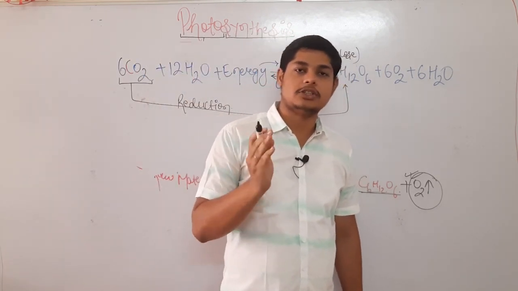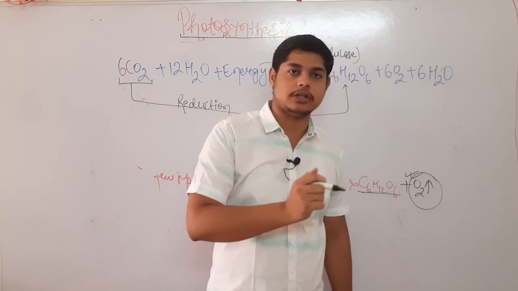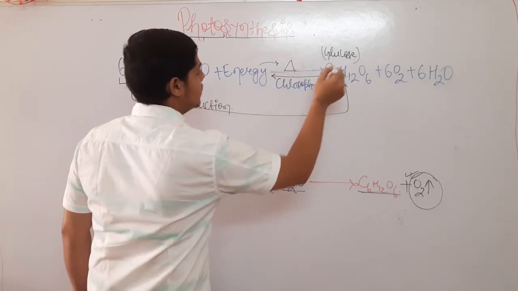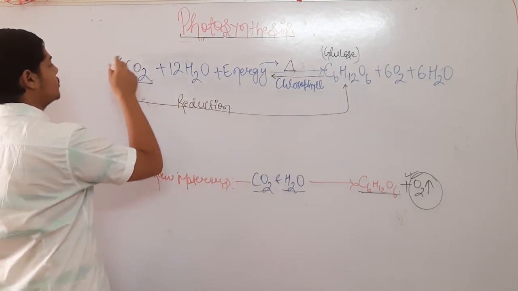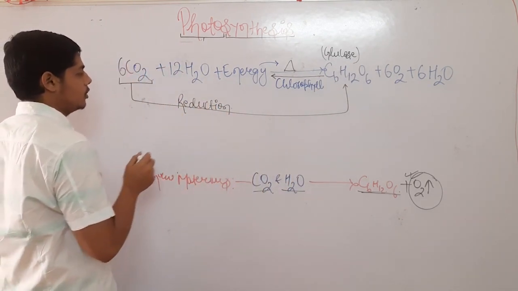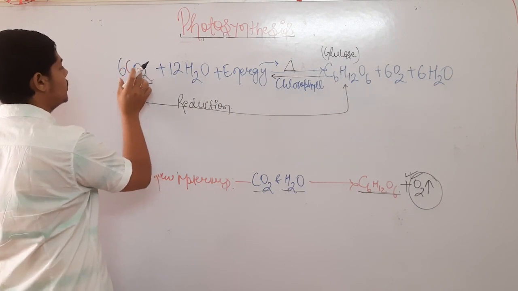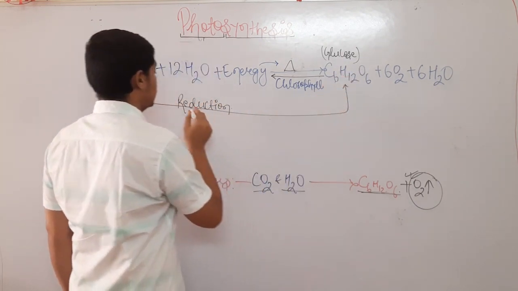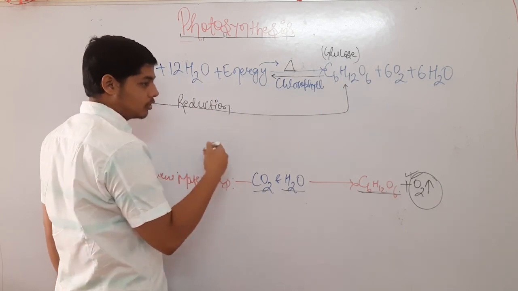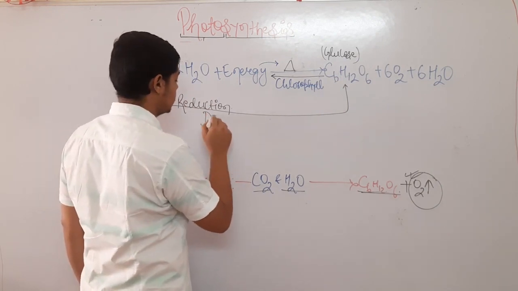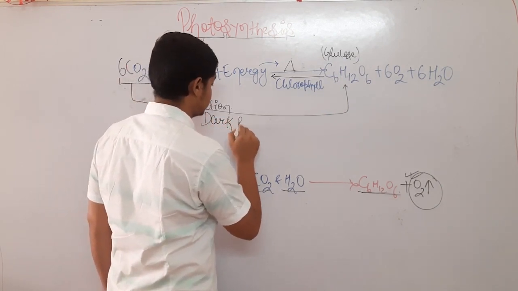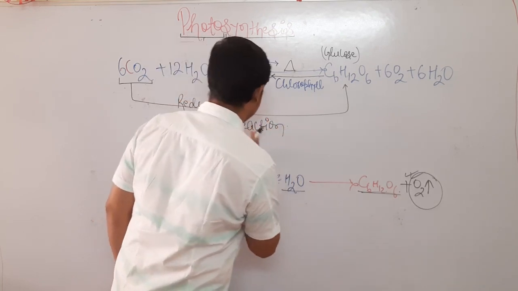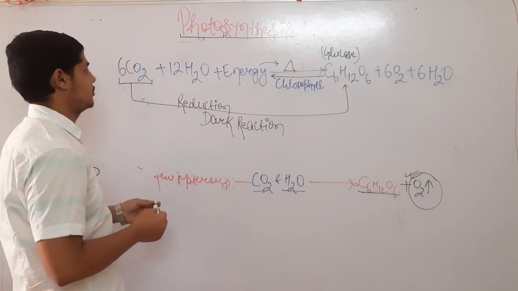Reduction means addition of hydrogen. So hydrogen atom is added to this CO2 molecule. So CO2 molecule is being reduced into glucose molecule. This process in photosynthesis is known as dark reaction.